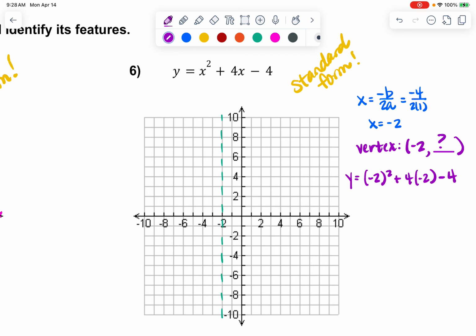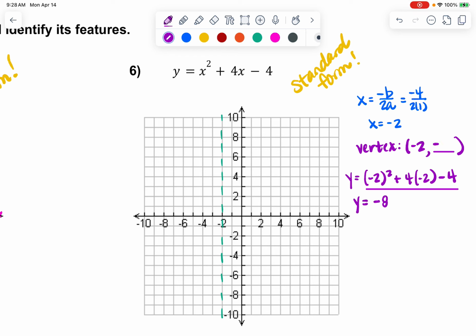Anytime you substitute a number, you definitely want to use parentheses. And so you can just type all that in your calculator or you can just do it in your head, right? So you get 4 minus 8, which is negative 4, minus another 4 gives us negative 8. And so that answers our question mark, right?